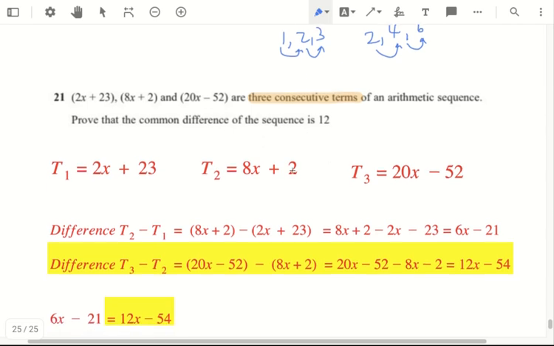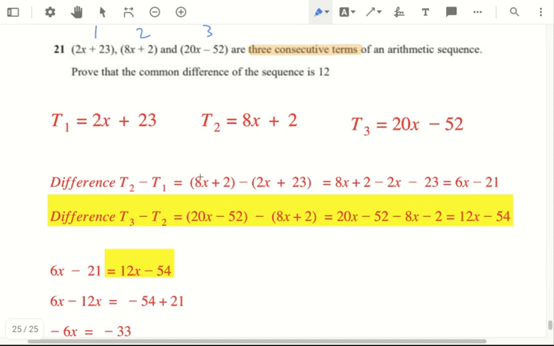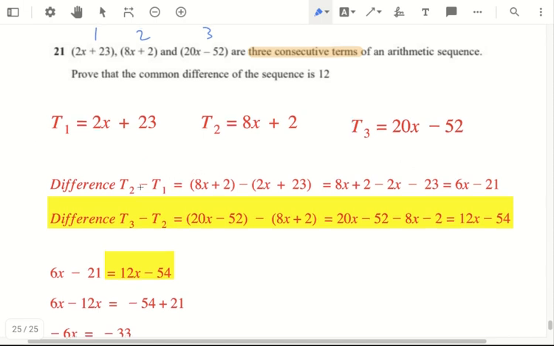Okay, fine. So let's name the term 1, 2, and 3. Okay, so let's find the difference between this term and this term. So we need to take the bigger term minus the smaller term. So this gives us 6x minus 21.